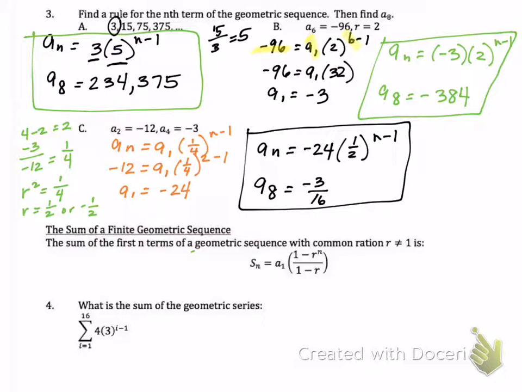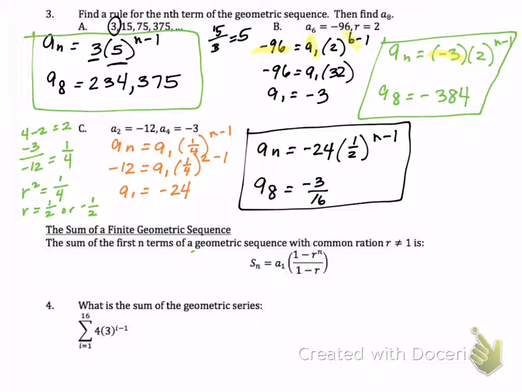So when you get 2 to the 5th power, which is 32, divide that from negative 96, and you get a1 is negative 3. So then I plug that back into the generic formula with my a1 is negative 3, and then my r is 2, which they gave me in the problem. Then I solve for a of 8, and you should get negative 384.